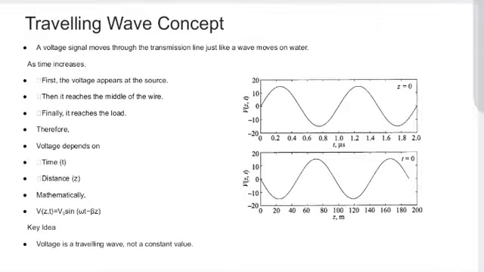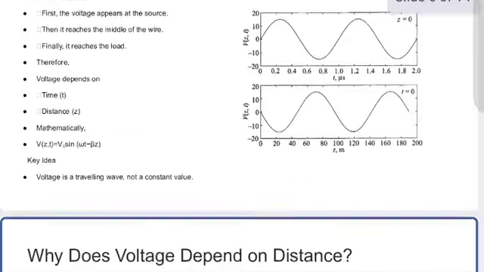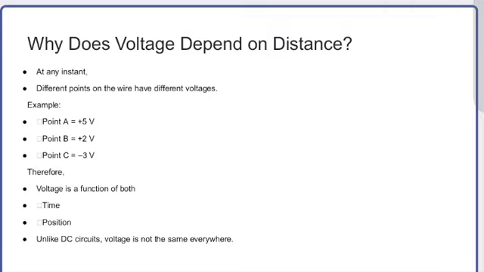Okay, so in case of traveling waves, the voltage will not be the same at every point of the wire. As I have explained earlier, at an initial instant of time there will be a different voltage at each point. If I calculate the voltage at point a, it will be a different one. Here I have defined it as plus 5 volt. At point b it will be around plus 2 volt, and at point c it will be around minus 3 volt.